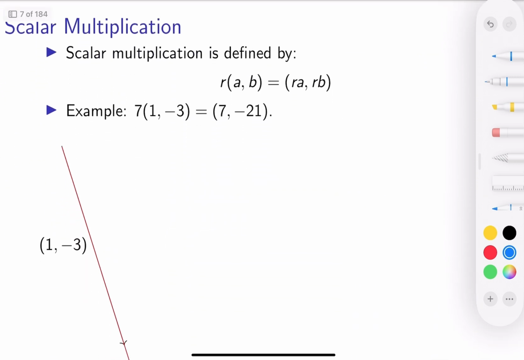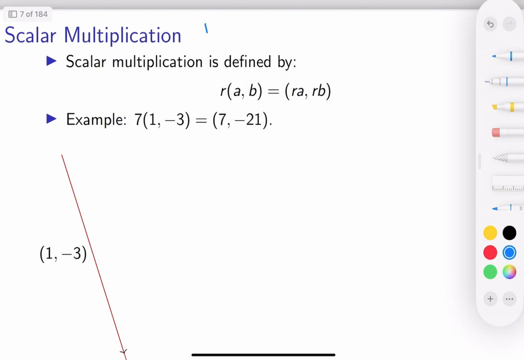And the other thing we need to define for R2, so again, we're still working on R2 with this set of tuples (A, B) with A in R and B in R. I remind you, by this I mean 'in', right? And this is all I wanted to mention. So let us define now what it means to scale a vector.